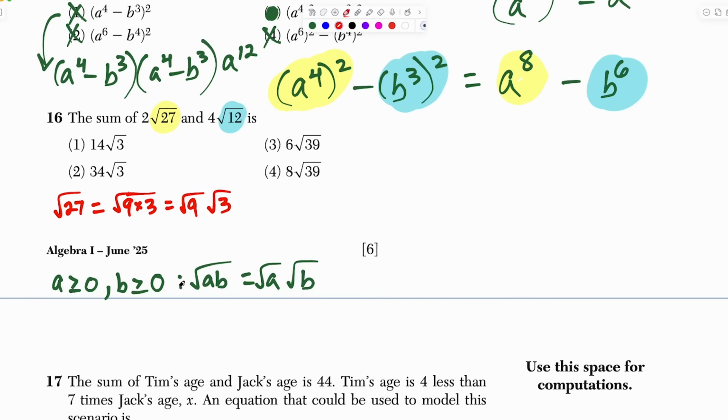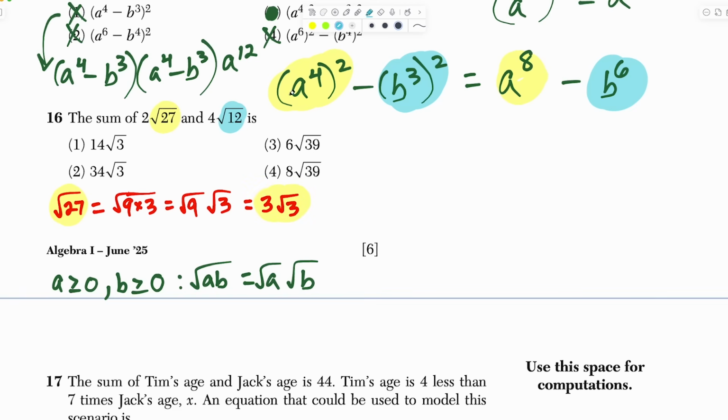I'm just using this rule down here. When I factor my number, I want to use factors where one of them is a perfect square. That's why I went with square root 9, square root 3. Now the square root of 9 is equal to 3, but the square root of 3 is irrational, so we just rewrite it like this. And what this tells us is simplified, square root of 27 equals 3 square root 3.